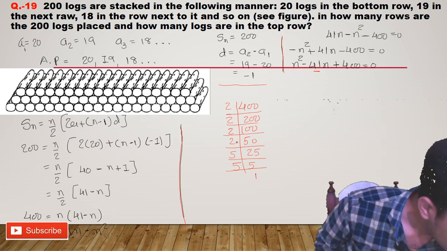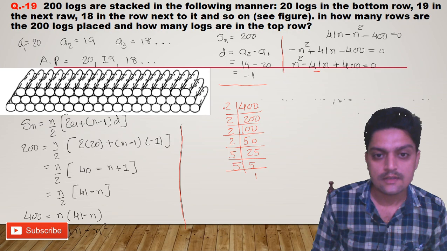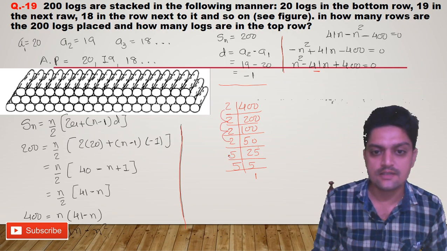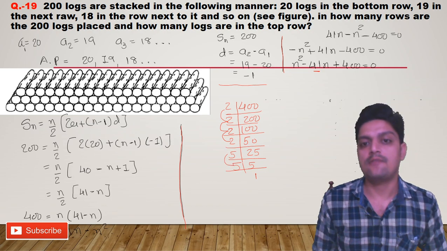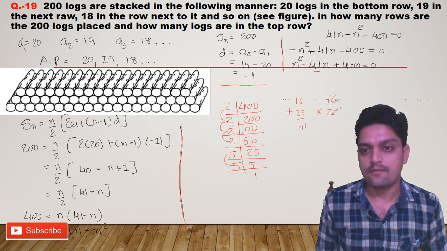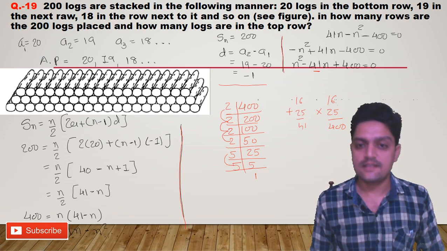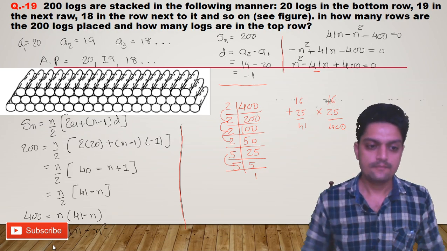So that is 16 into 25. You see here, 2 2s are 4, 2s are 8, 2s are 16, and 5 5s are 25. So 16 plus 25 is 41, and 16 into 25 is 400. So our factors are 16 and 25.